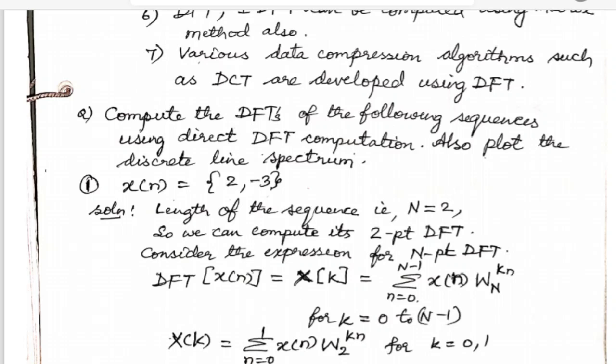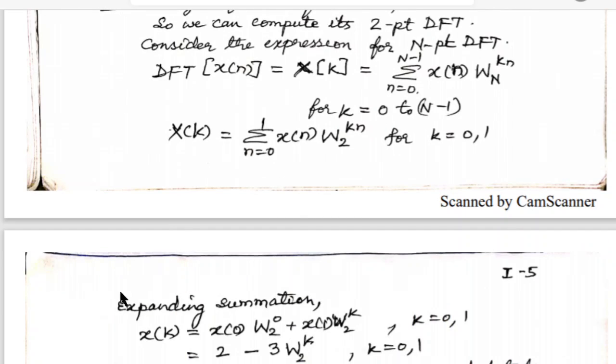So here capital N being 2, and x of n, your discrete time domain sequence, is 2, 3. We will calculate the X of k for that. Now X of k can be written for that length of 2, small n being 0 to N minus 1; 2 minus 1 happens to be 1. So the summation length is 0 to 1.